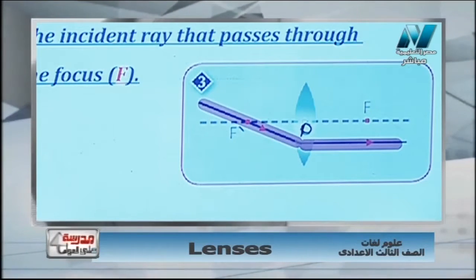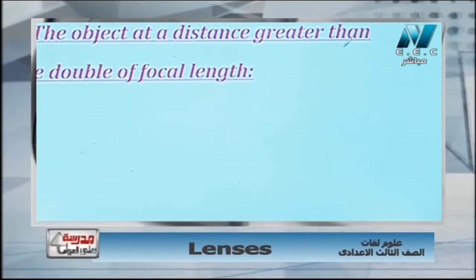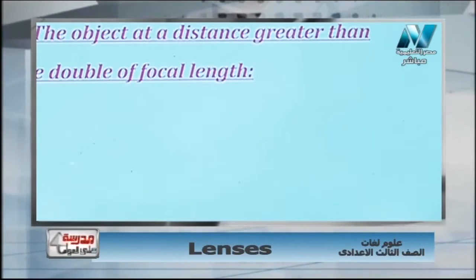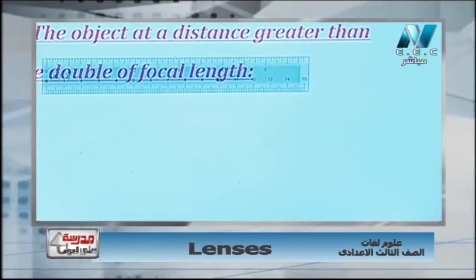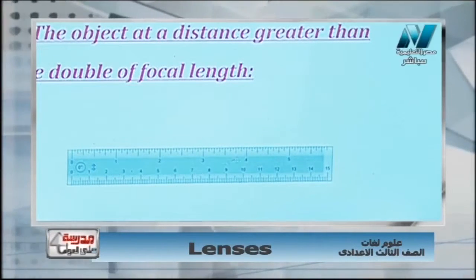So how can we deal with the problems? Number one: the object is at a distance greater than the double focal length. Firstly, we should use our tools. Number one, we have a ruler. We should use it to measure 4 equal distances. Pay attention, how many?